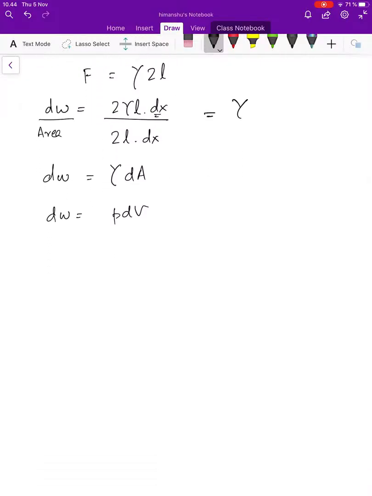This surface tension gives rise to what is called the Laplace law, which essentially states that at a curved interface of radius r, the pressure on the concave side is higher than the pressure on the convex side by 2 times the surface tension divided by r.